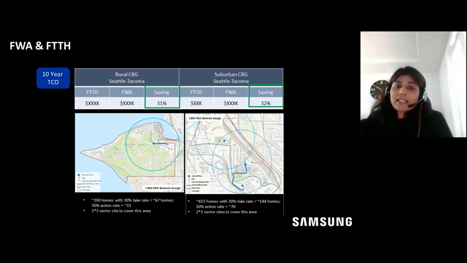Having said that, in a similar study of a rural CBG, we have also seen that the savings could be as high as 57%. So even though I'm saying it's 30%, the range can differ based on which area we are targeting for these FWA deployments.